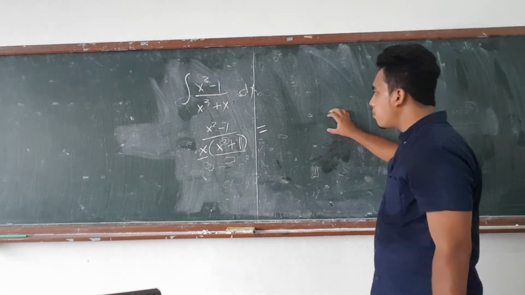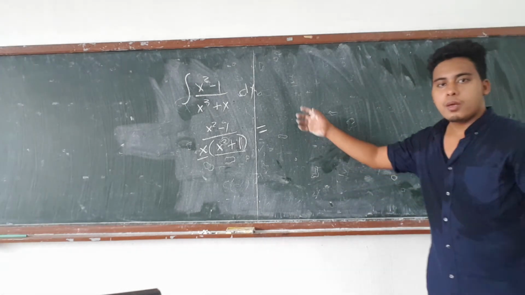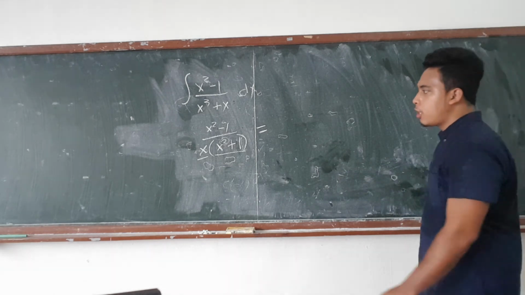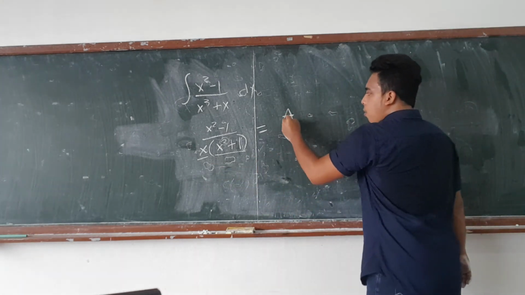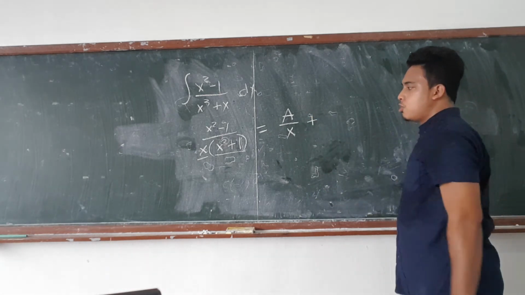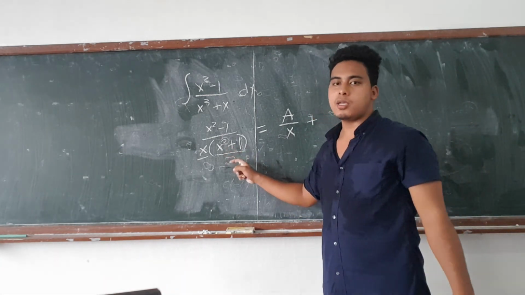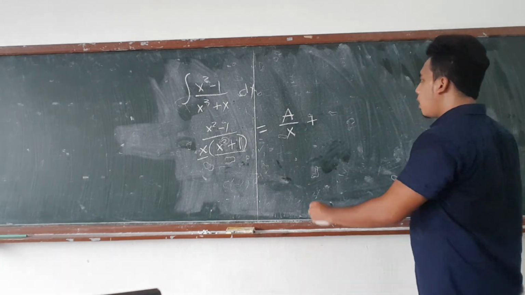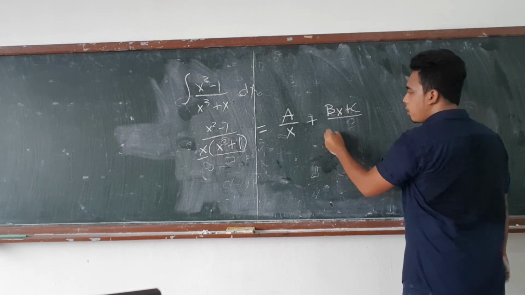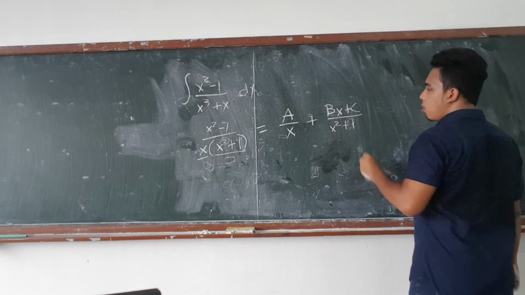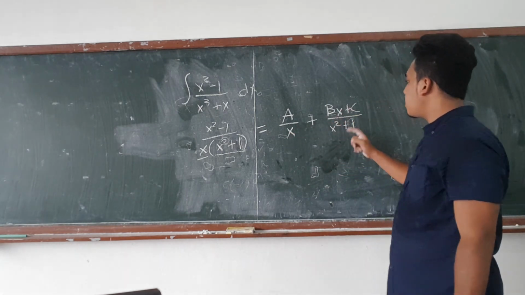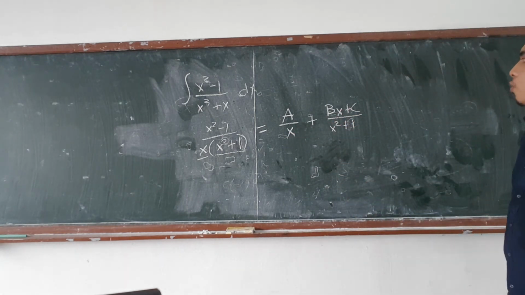So we have some constants. For the linear term, a over x, then plus, since x squared plus 1 is a quadratic term, bx plus c over x squared plus 1.